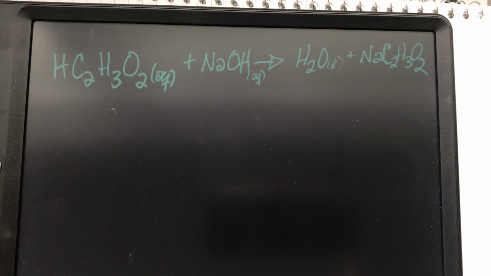So acetic acid is a weak acid. How do I know that? It's not one of the strong 6. Yep, exactly. It's not one of the strong 6, so it's weak.